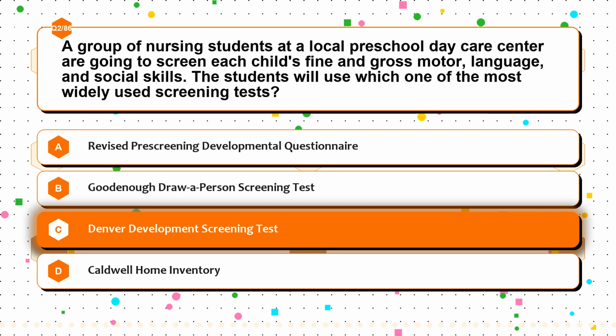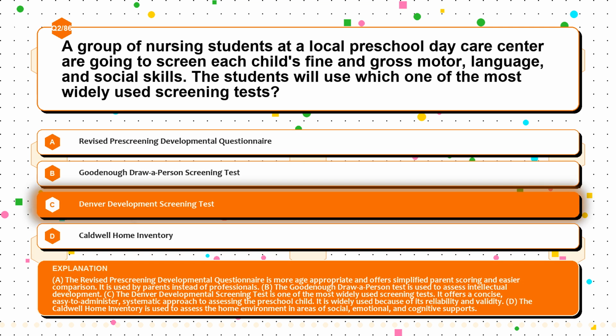The correct answer is option C. Denver Developmental Screening Test. The Revised Prescreening Developmental Questionnaire is more age-appropriate and offers simplified parent scoring and easier comparison. It is used by parents instead of professionals. The Goodenough Draw Person test is used to assess intellectual development.